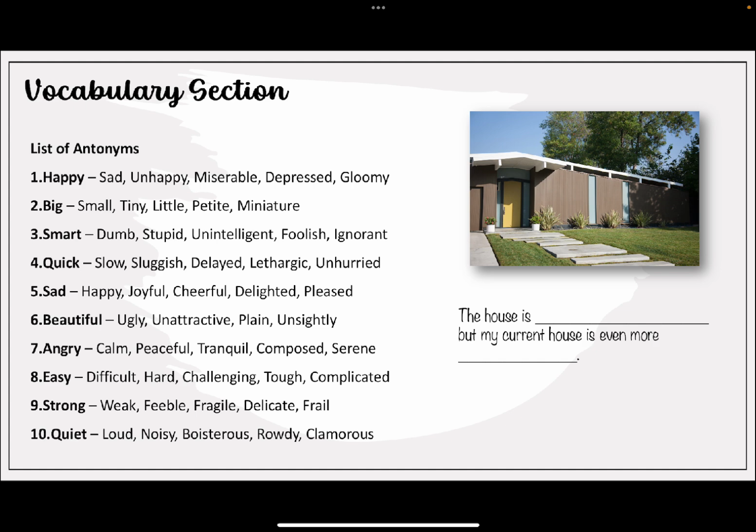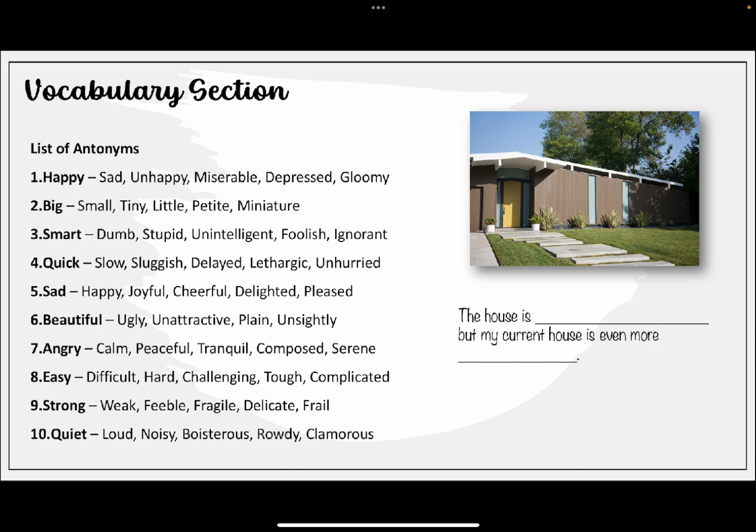Next word, angry. An antonym for angry, calm, peaceful, tranquil, composed, serene. Number 8, easy. An antonym for easy, difficult, hard, challenging, tough, complicated.